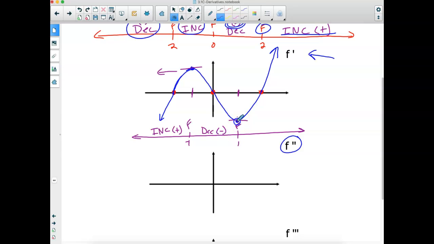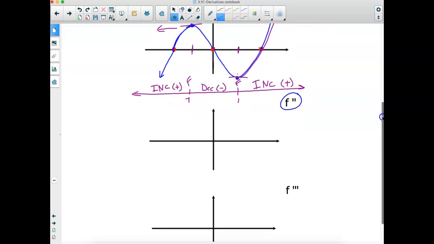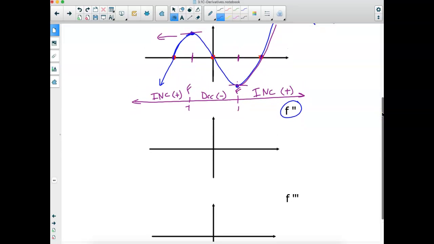And from this flat and beyond, I'm increasing, which means all my tangents are going to be positive there. Then flat to flat, check it out, what happened between these two flats that were maxes and mins? There's a point of inflection chilling out in the middle there.